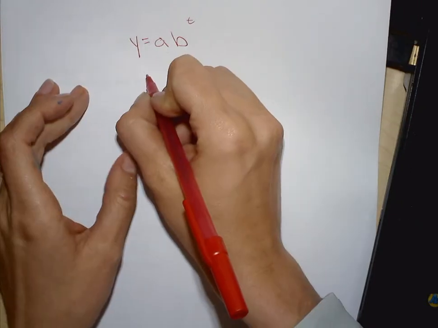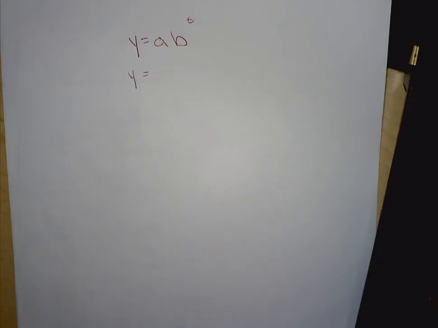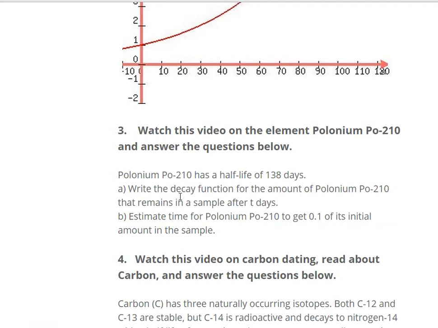Going back to my equation, how could I figure out my initial value? Polonium has a half-life of 138 days, and that's all they gave me. What the heck? All right, so I know I'm going to have to use the 138 days, and half-life means I'm halving, taking half and then a half and then a half, so multiply by 1/2, multiply by 1/2, multiply by 1/2 of what I originally had.